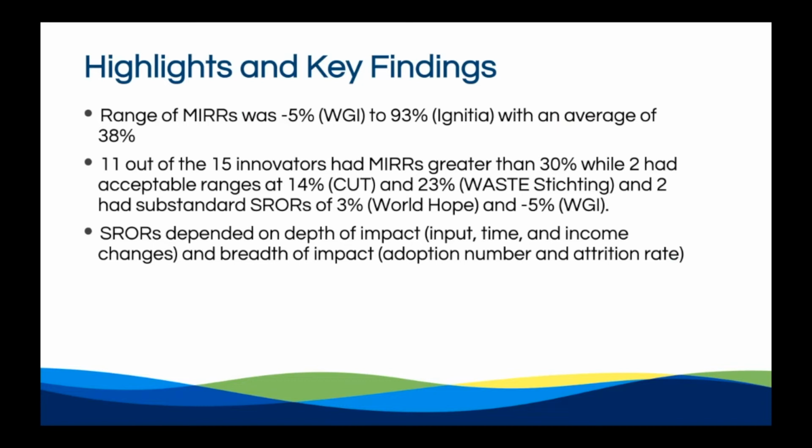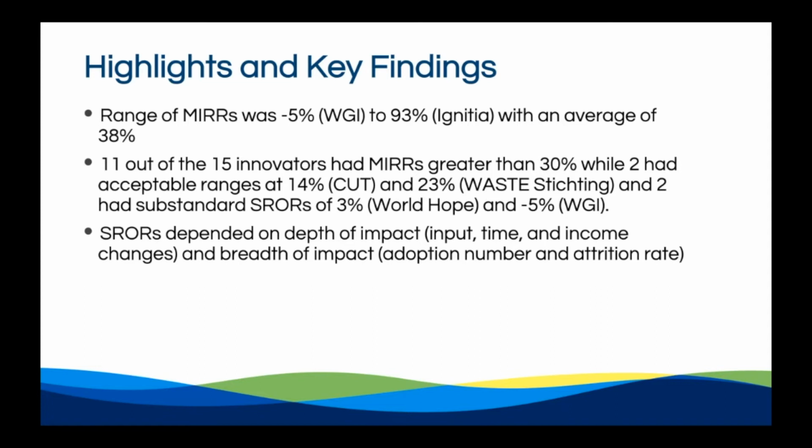So the range of the MIRRs we saw was between -5%, where it was a slightly negative impact, to 93% for Ignitia, with an average of 38%, which was significantly higher than the standard. 11 out of the 15 innovators had MIRRs greater than 30%, while 2 had acceptable ranges, and only 2 had substandard ones, primarily due to a very low adoption rate.